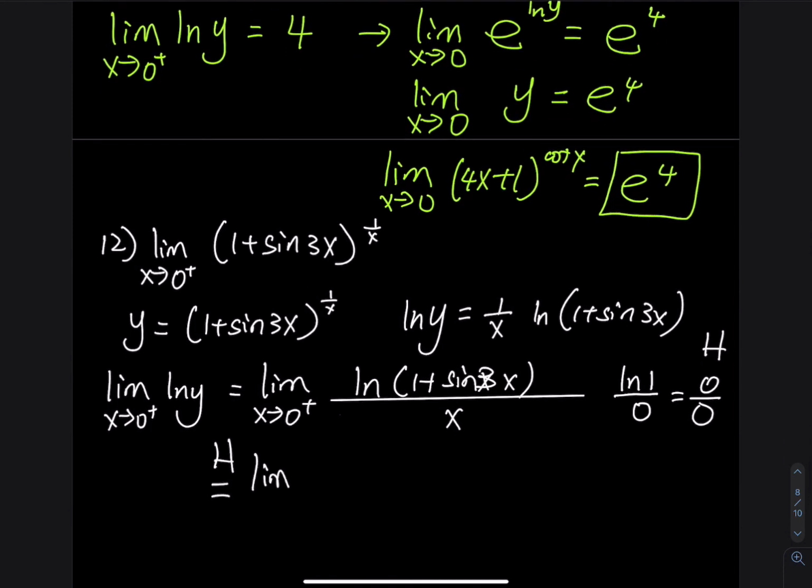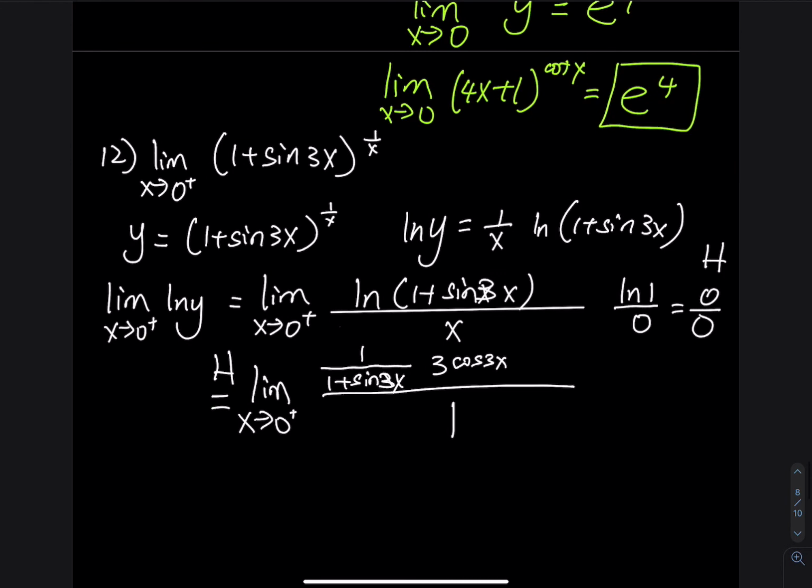X approaches 0 from the right. The derivative of x is 1. The derivative of ln is always 1 over that thing. And then using chain rule to take the derivative of 1 plus sine 3x, that is equal to cosine of 3x. Using chain rule again, the derivative of 3x is 3.